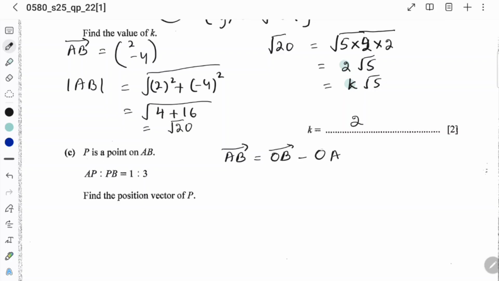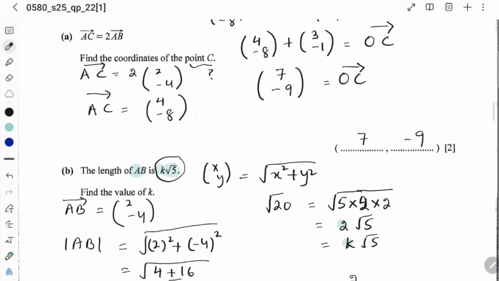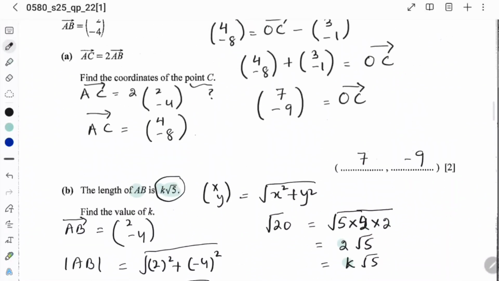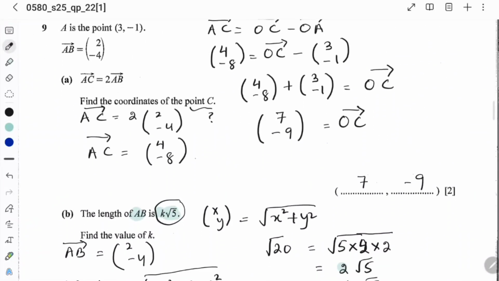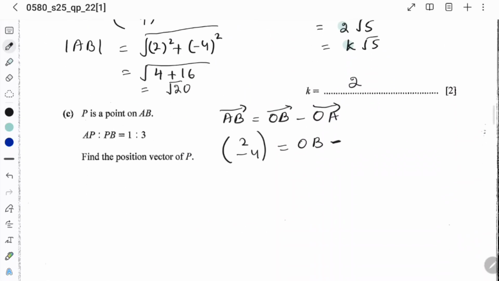Minus OA, and we know that AB is equal to (2, -4). OB we don't know. And then it is OA. A is equal to (3, -1).